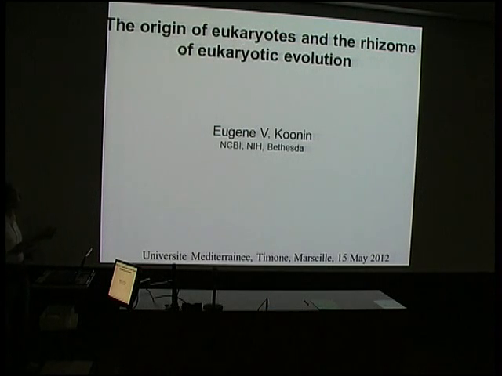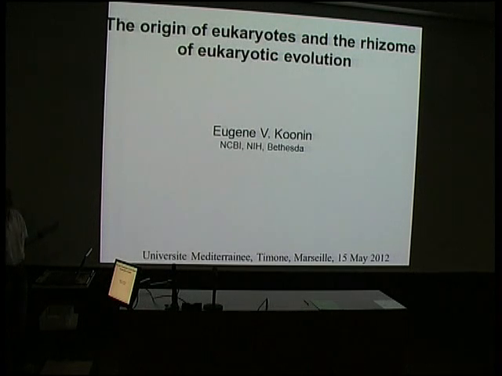As you can see on this word rhizome that I put in the title of my talk, which you will not have on the poster or on the announcement, I thought that this really would be the best term to introduce succinctly what I want to tell you.